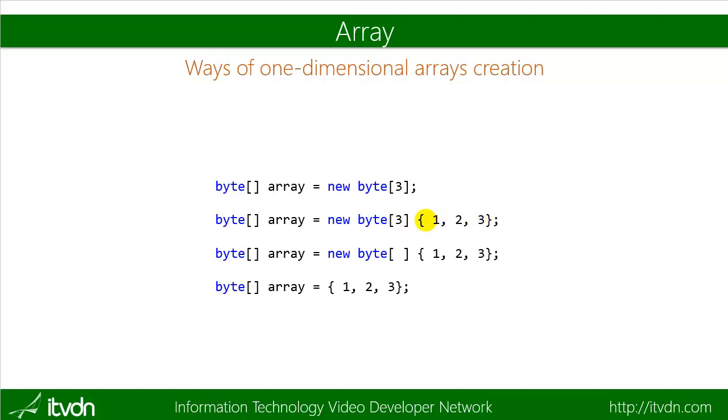Remember, this is our initiator block, or this is how we initialize these elements, meaning we have element 1, 2, 3. So element 1, the value is 1, element 2, the value is 2, element 3, the value is 3. But remember that the computer starts from 0. So of course array 0 is element 1, array 1 is element 2, array 2 is element 3. So this first value is going into where? Array 0.